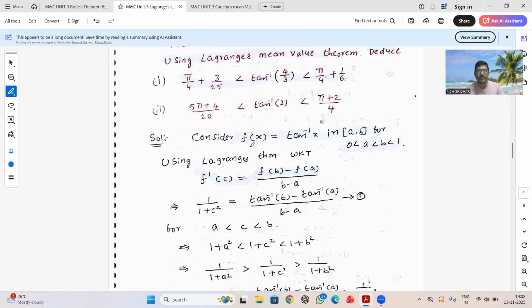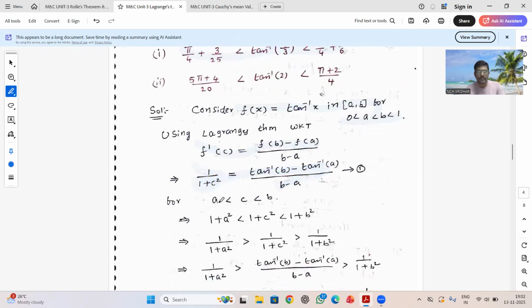So in the place of x, if we substitute c, we get 1/(1 + c²) as f'(c). 1/(1 + c²) is equal to (f(b) − f(a))/(b − a), which is nothing but (tan⁻¹b − tan⁻¹a)/(b − a). This is condition number 1. Now clearly we know that a < c < b. According to Lagrange's theorem, at least one c belongs to the open interval (a, b). Therefore a < c < b. This is the inequality we get from Lagrange's mean value theorem.